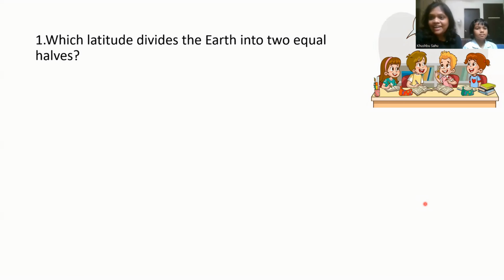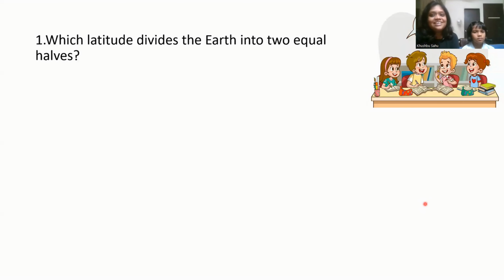Right. So what are latitudes? Latitudes are the horizontal lines that run parallel to the equator from east to west. Then we learned about the important latitudes as well. This is very important from an exam perspective, right?